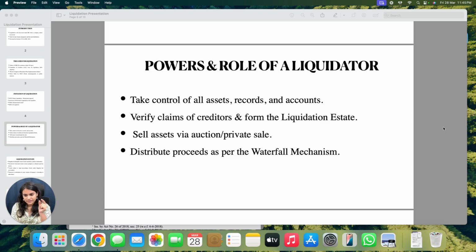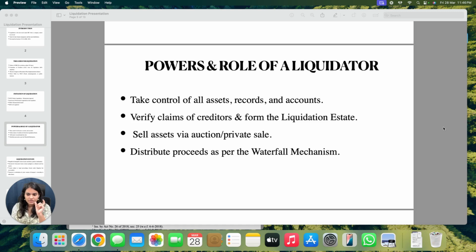So, since he is empowered with this aspect, the stakeholders may approach the adjudicating authority. They may file an appeal upon rejection or the amount which is accepted by the liquidator, and file an appeal before the adjudicating authority within 10 days of such rejection or admission.